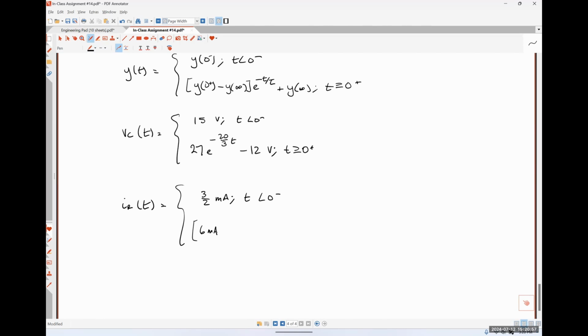So we had 6 milliamps at 0 plus minus 6 milliamps at infinity. So that's just going to look like 0 e to the blah, blah, blah. So it's really just going to be 6 milliamps DC for t greater than 0 plus. But it still fits the exponential model. It's just the exponential is multiplied by a factor of 0.